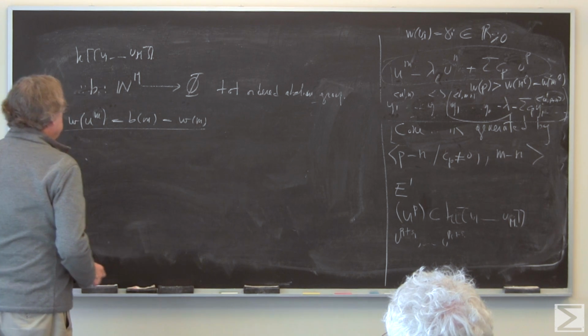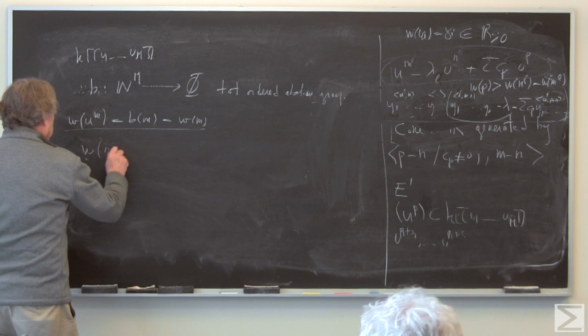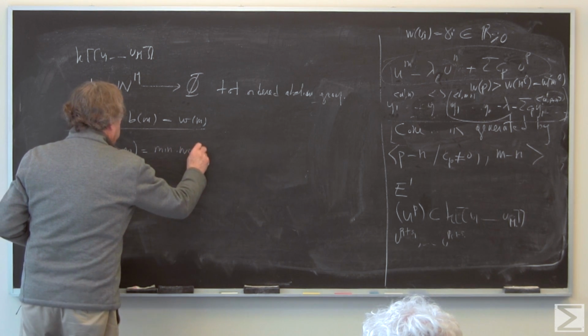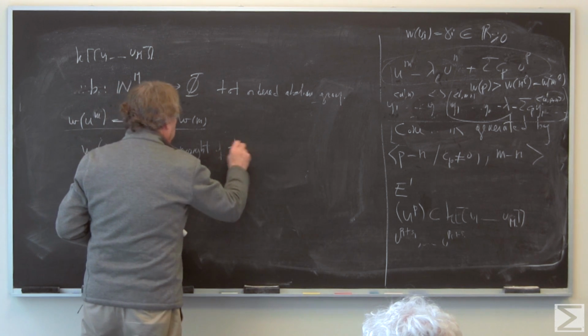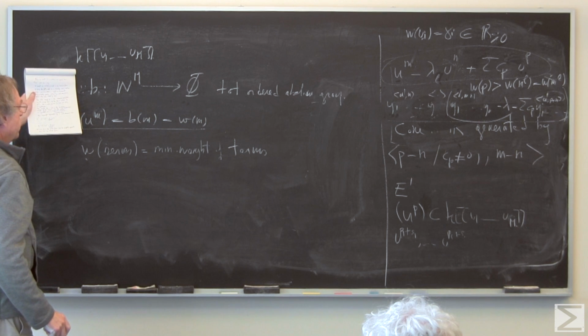And then you can define a valuation by saying that the weight of a series is the minimum weight of its terms. And this has a meaning because this is a Noetherian ring.